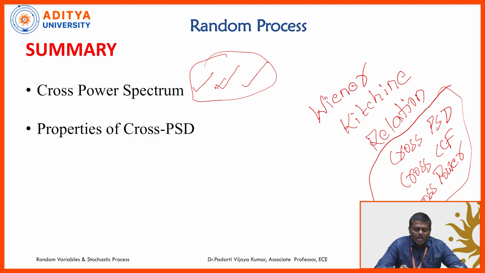And also we have seen the properties of cross power spectral density. The first property is Sxy of omega is equal to Syx of minus omega or Sxy star of minus omega. Next, the real part of Sxy of omega is an even function, the imaginary part of Sxy of omega is an odd function, and finally we have seen the Wiener-Khinchin relation in the properties of cross power spectral density.